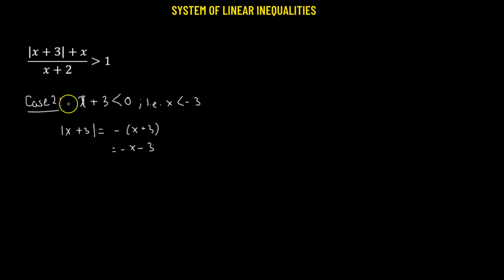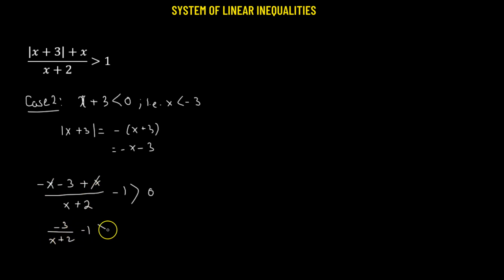That means our linear inequality can be rewritten as negative x minus 3 plus x divided by x plus 2 greater than 1, so we'll transpose 1 to the left hand side and solve the two terms. Here negative x and positive x go away. That leaves us with negative 3 divided by x plus 2 minus 1 greater than 0.